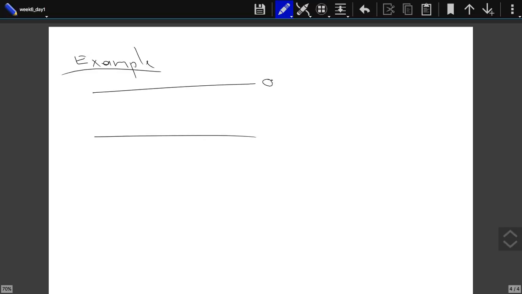Let's say this has a charge distribution sigma 1, this has a charge distribution sigma 2. Not necessarily plus sigma and minus sigma. And I don't know the electric fields. I want to determine the electric fields. Now, if this was plus sigma and this was minus sigma, as in the previous example, I could have said that the electric field here and here should be 0. But in this one, I don't know.